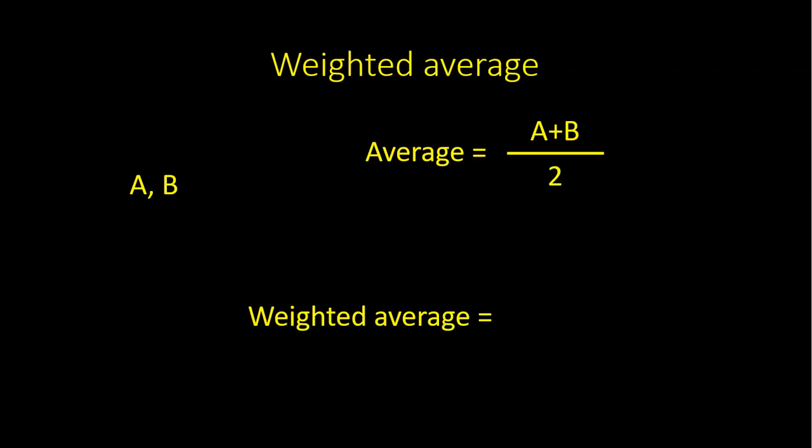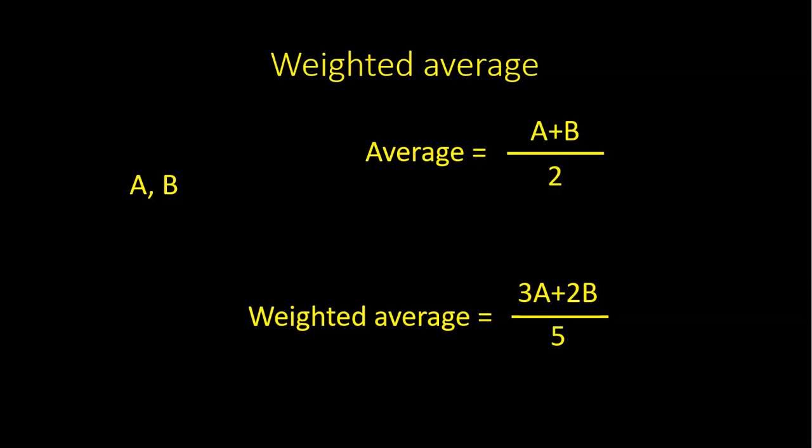Now, a weighted average could be, for example, 3 times a plus 2 times b, where 3 and 2 are the weights that we've attached to a and b. We've decided a gets a weight of 3 and b gets a weight of 2, so a counts a little bit more than b. And then we have to divide by the total weight, which is 5, 3 plus 2.